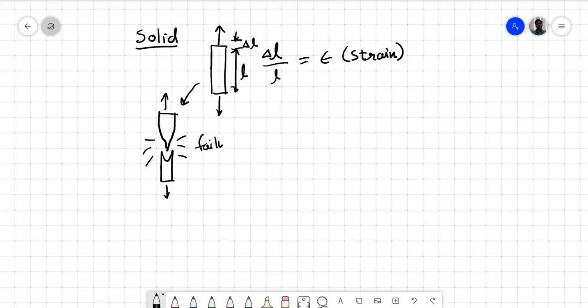You have to define the area as well. It will be different along that line. The stress will be different along this plane, and it will be different along any other plane.